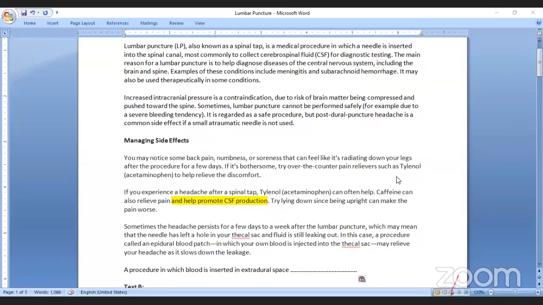Epidural blood patch. And where is the answer? It's the third para, managing side effects. A procedure called epidural blood patch. This is the name of the procedure. In which your own blood is injected into the thecal sac, may relieve your headache as it slows down the leakage. So that is the answer.